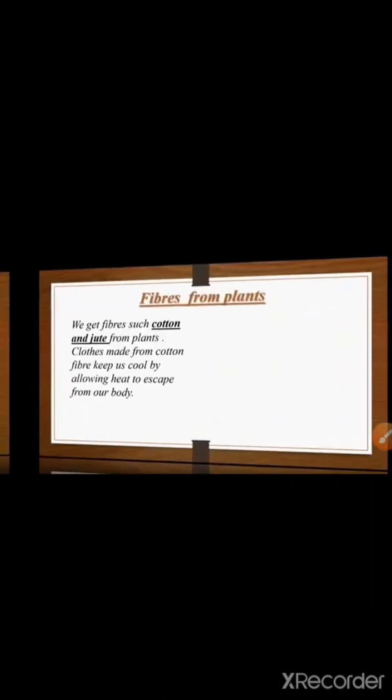Okay. Fibers from plants, which I have explained earlier, that we get jute from jute plants, and wool from sheep. Right? So fibers from animals, I also taught you that wool and silk. Right?